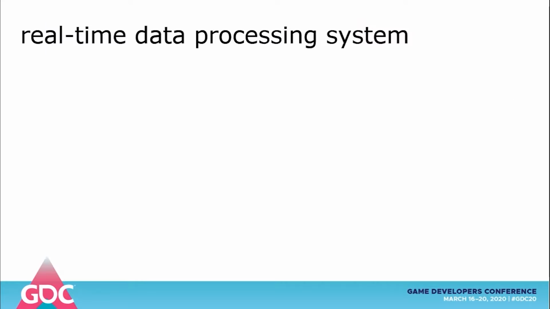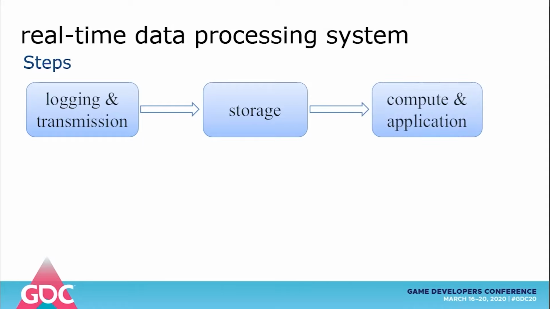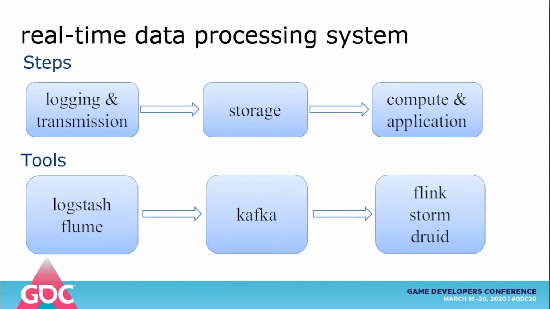Now, let's look at a typical real-time data processing system as shown in the slide. The source of it is log collection and transmission. Then transferring and storage stands at the middle of the process, while computation and application is the final step. The corresponding tools for this step are Logstash, Kafka, and Flink.